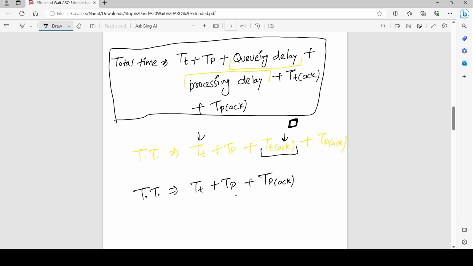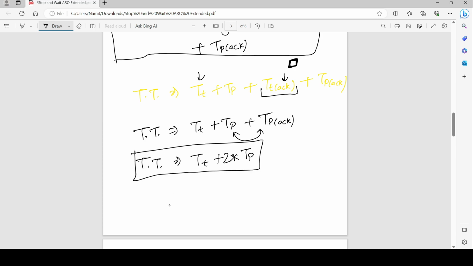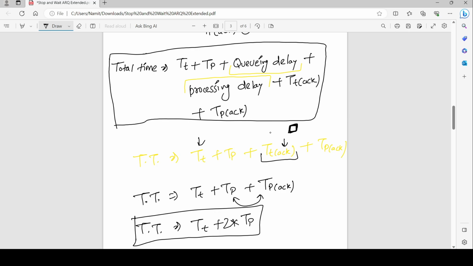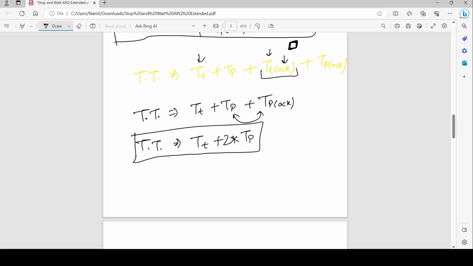Now over here this time would be almost equal, because they are traveling through the same channel, it is assumed. So we can say that it is transmission time plus 2 times the propagation time. So eventually this is what we have in total time, given that we are ignoring all these factors due to their negligible time or close to 0 time.